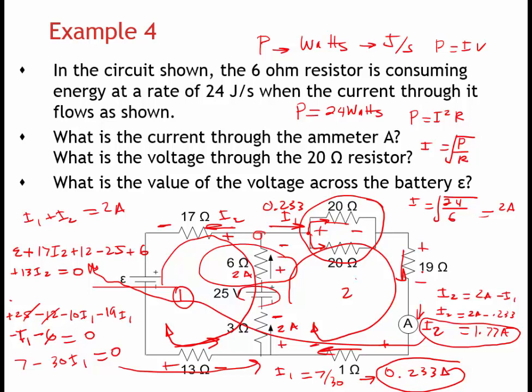And then what we know about power: the 6 ohm resistor was consuming power at a rate of 24 joules per second, and joules per second is watts, so power is equal to 24 watts. Since the power across the resistor P equals I squared times R, we can solve for I, where I equals the square root of P over R, and we got 2 amps from there. We determined the circuit.